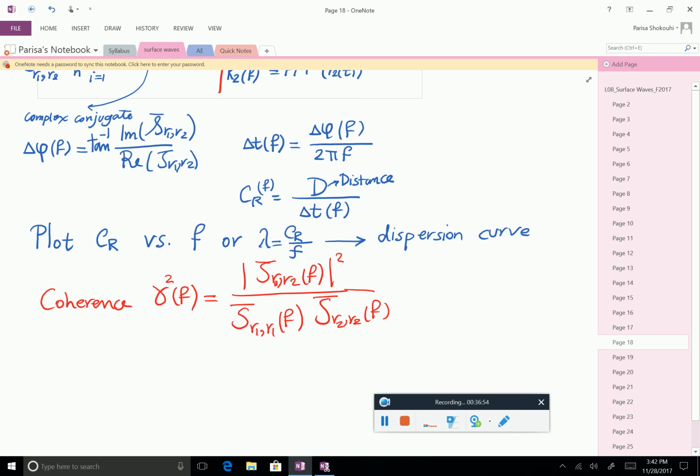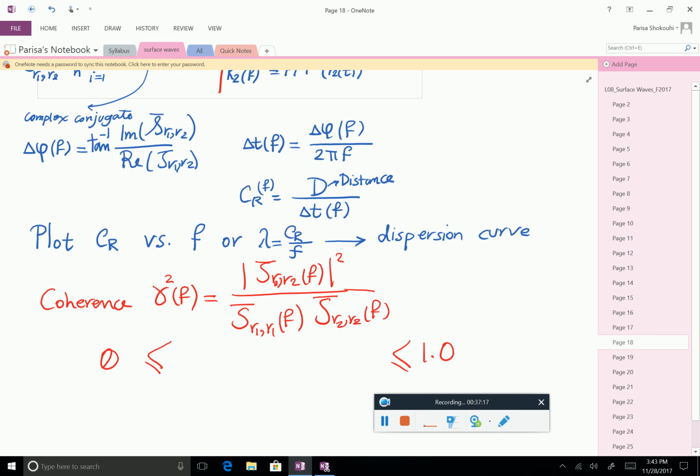So it comes between 1 and 0, how it is defined. Typically, if this value becomes very small when you calculate the dispersion curve between two receivers, your data may not have a good quality. Then you ignore that part of the data.